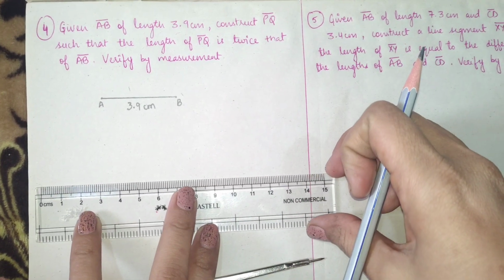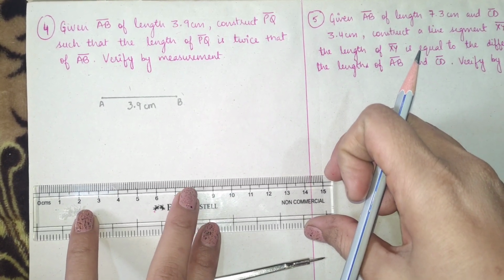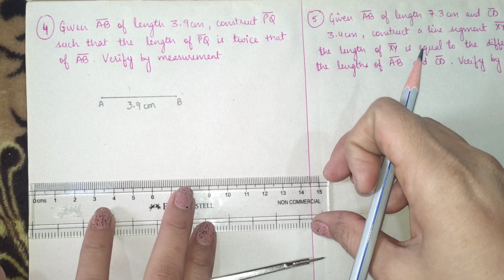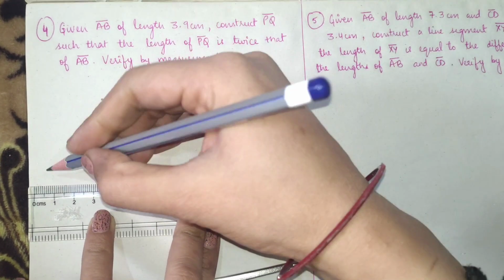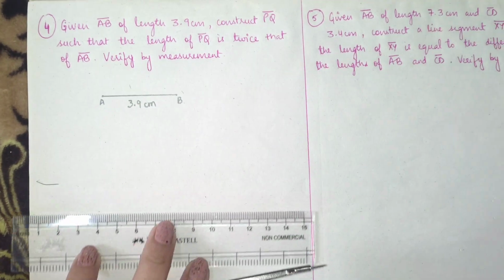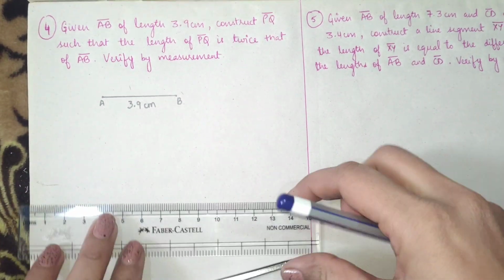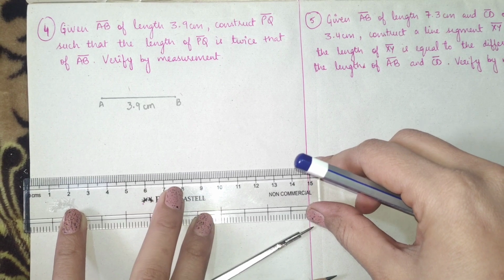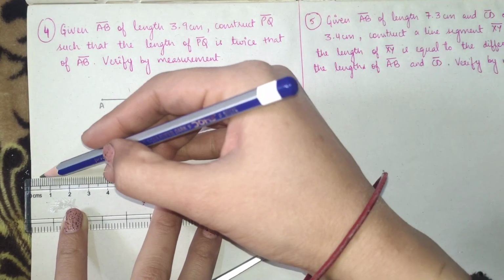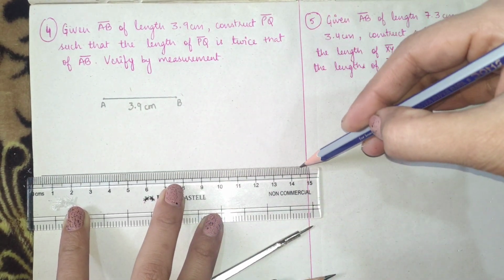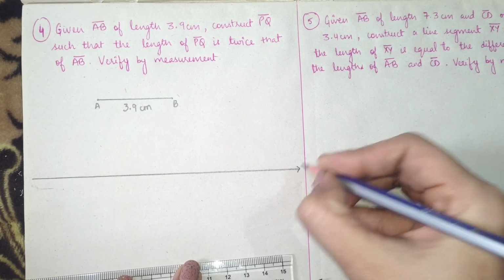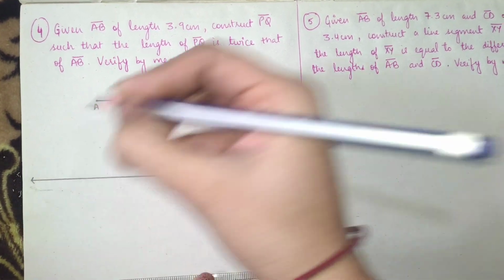Now you need to construct a line segment. So the steps are same. First you need to have one line. So this is line. Line will have double-headed arrows.